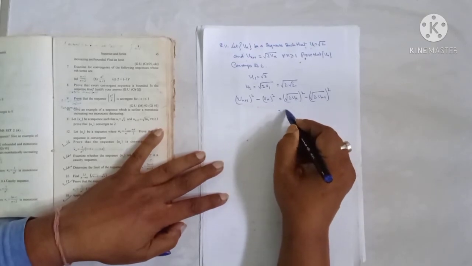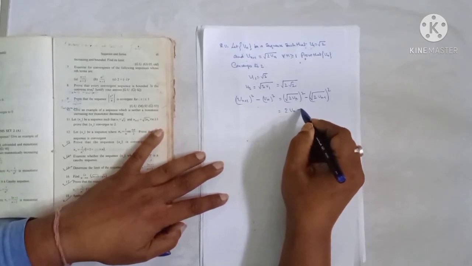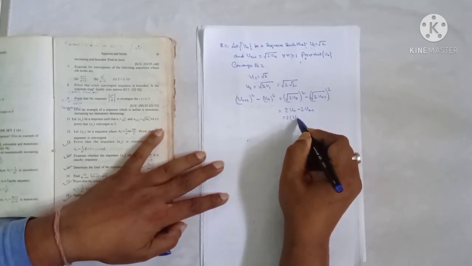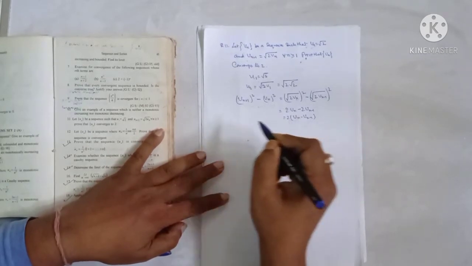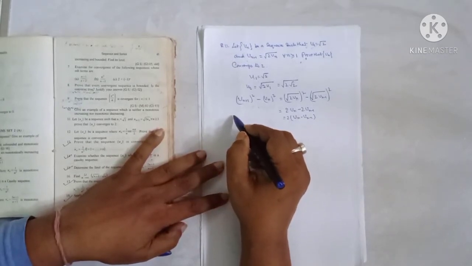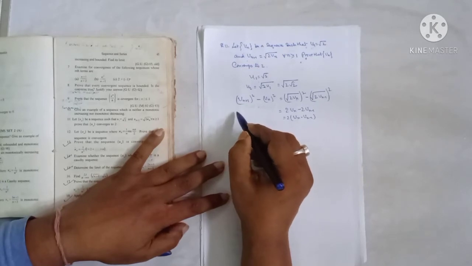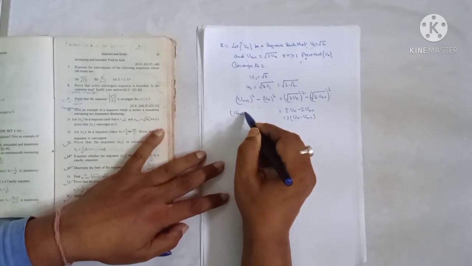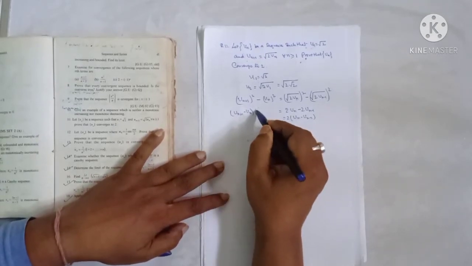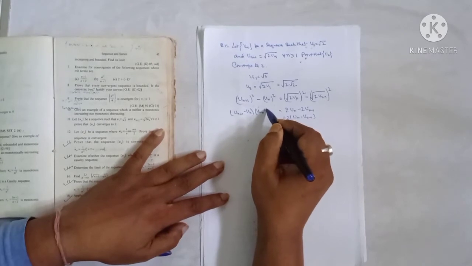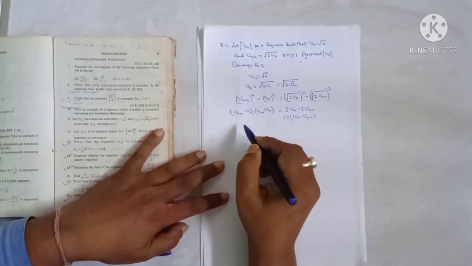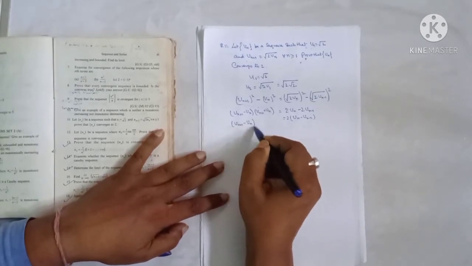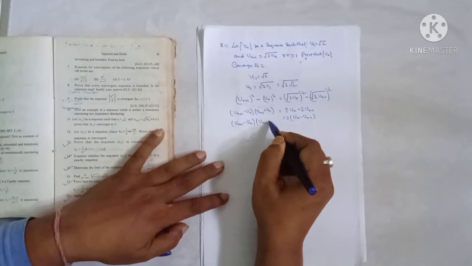So this comes out to be 2 un minus 2 u(n-1), so 2 common, un minus u(n-1), and from this side you will find u(n+1) minus un into u(n+1) plus un.